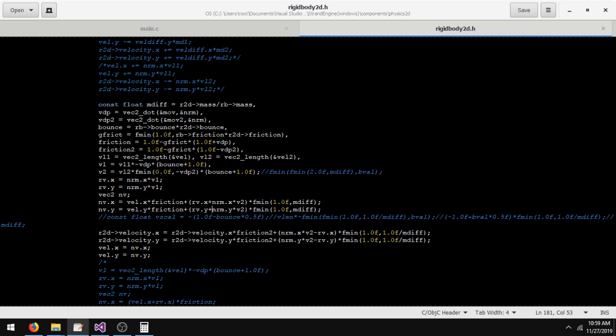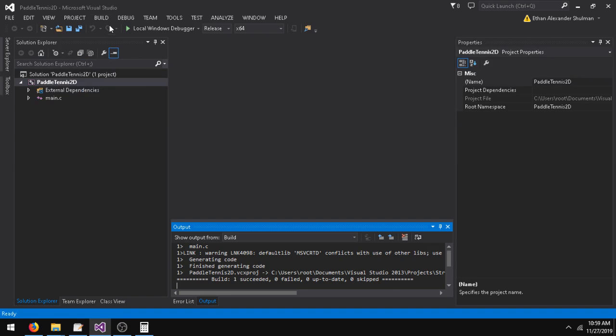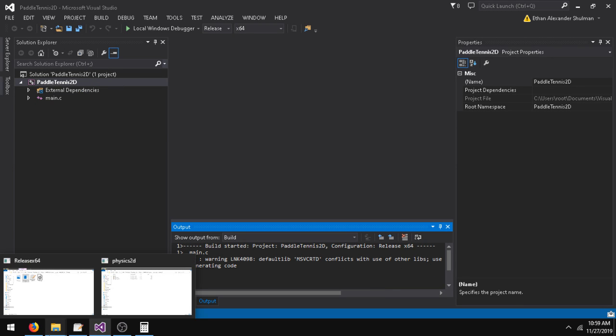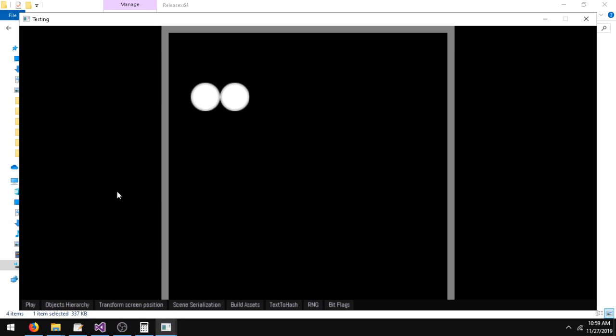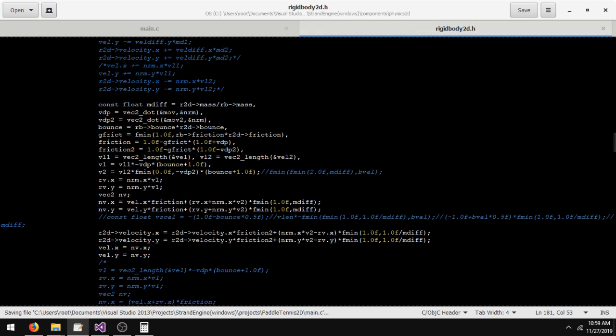So yeah, I feel like what I need to do is use a different... okay, wait, let me see. This might also have to do with the bouncing. Let me see if this doesn't happen when there's no bouncing. Or actually, what if there's no bouncing between them? Just bouncing between the walls.